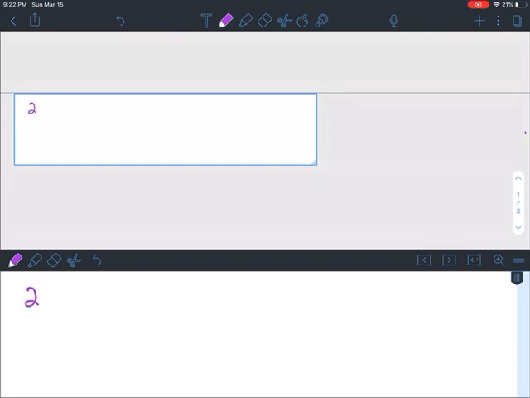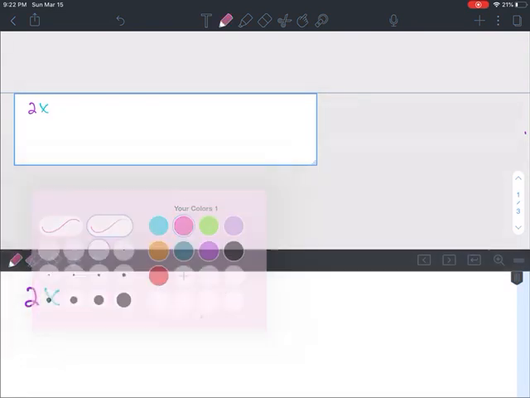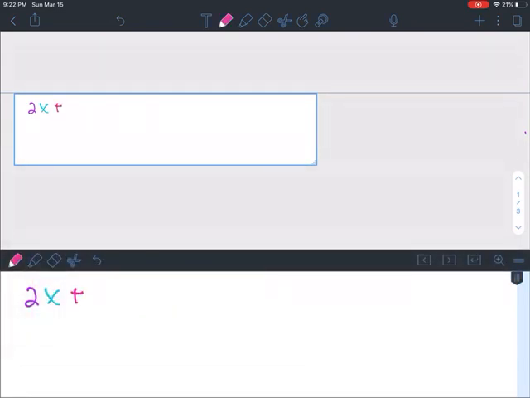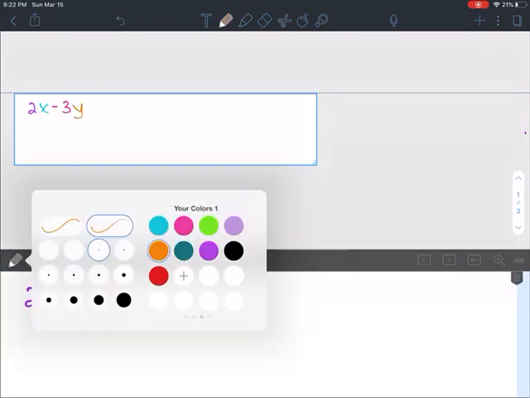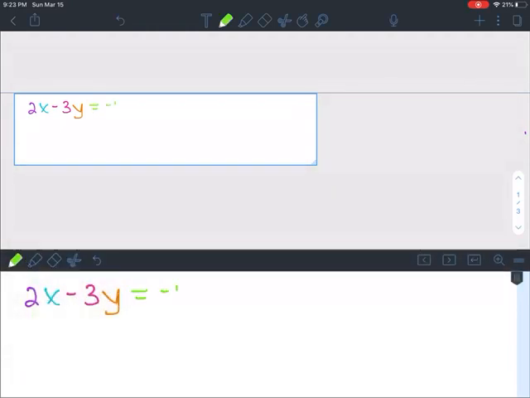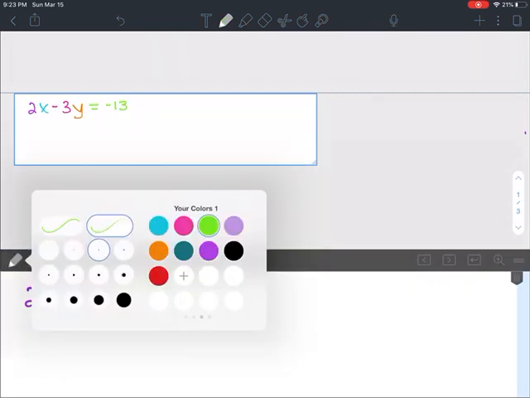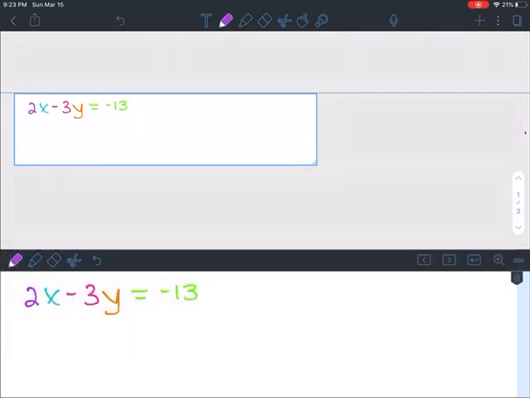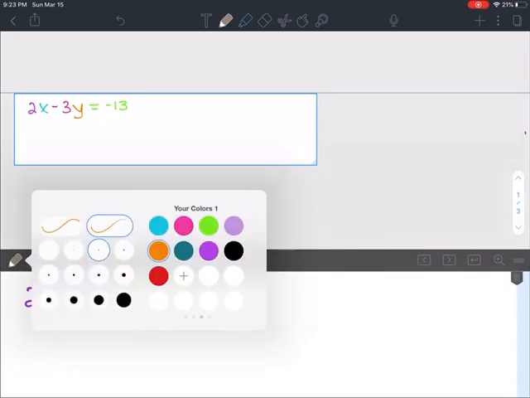If I have this equation where I have 2x minus 3y equals negative 13, and then I have 4x plus y equals negative 5. I am going to change colors a lot here, so just bear with me.